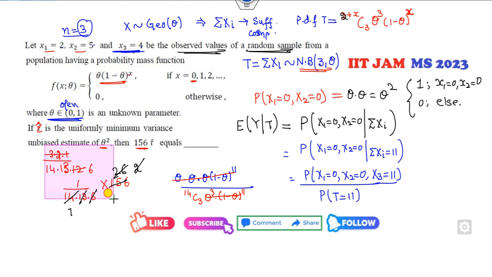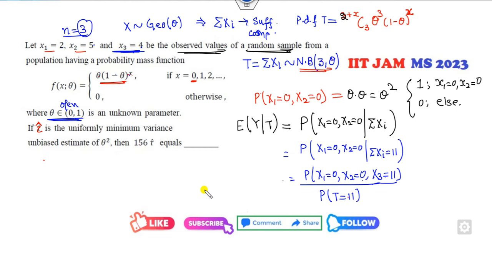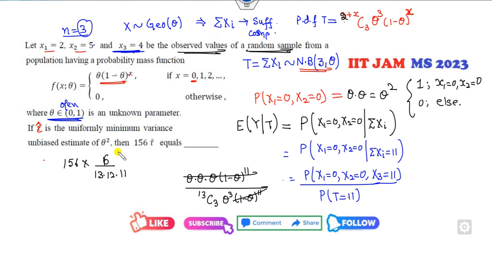Or just wait. So this will be 11 and it will be my 2, 11 plus 2 is 13 C 2, theta cube, 1 minus theta to the power of 11. So the rest cancels. So it will be 156 into 1 over 13 into 12 into 11 over 3, 2, 1. Now you can see it's my 2.